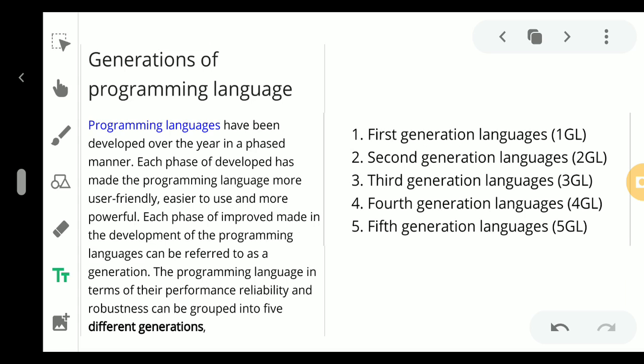the generations of programming languages. Programming languages have been developed over the years in phases. Each phase of development has made programming languages more user friendly, easier to use and more powerful.